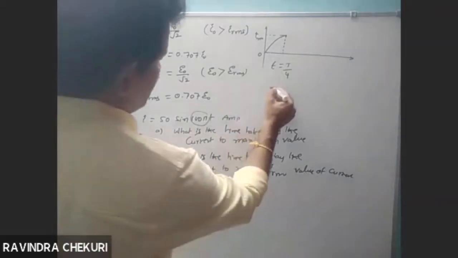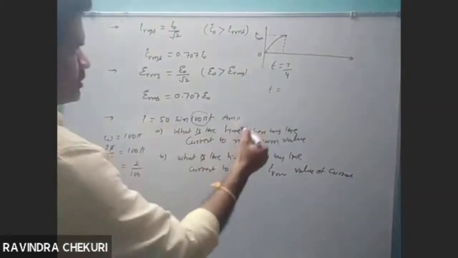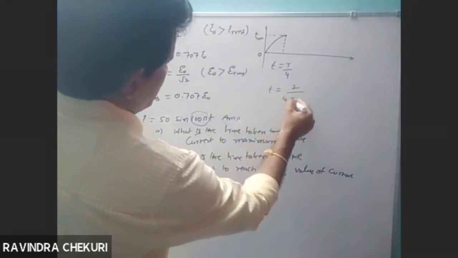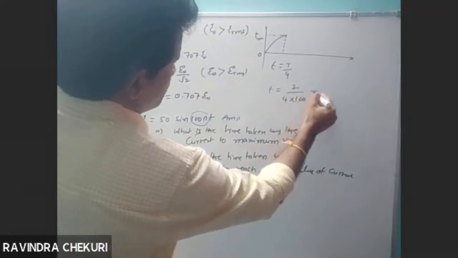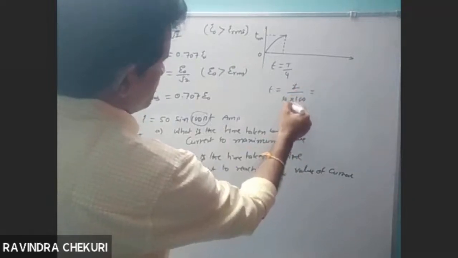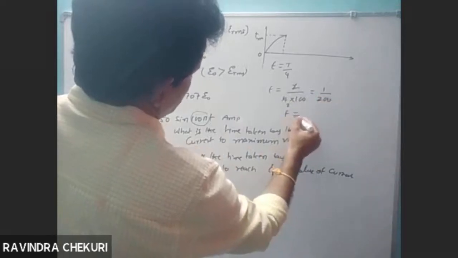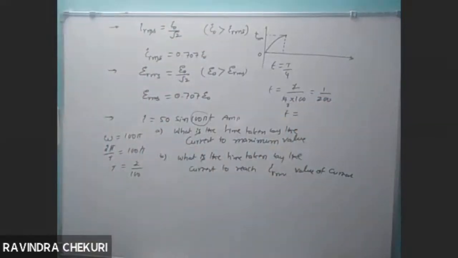So time taken to reach maximum value is time period by 4, which is 2 by 4 into 100, which is 1 by 200. So it is 5 millisecond.